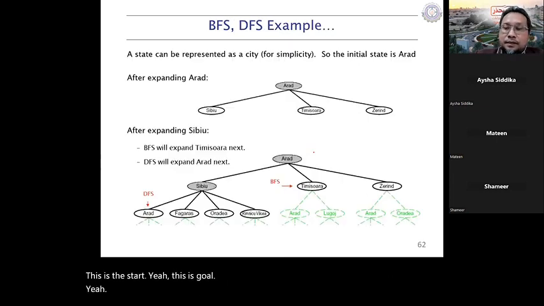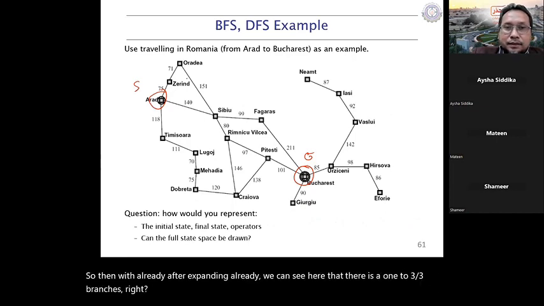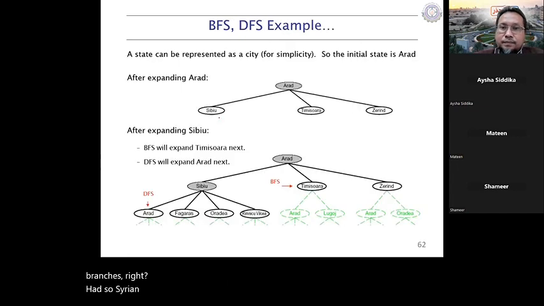So with Arad, after expanding Arad, we can see there are three branches, right? Sibiu, Timisoara, and Zerind.